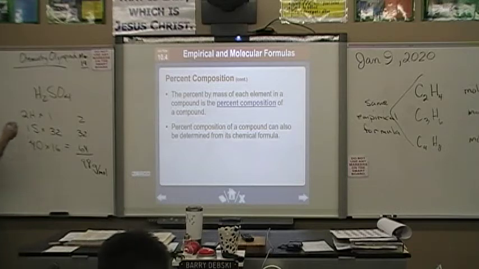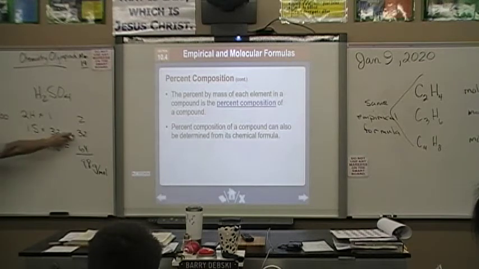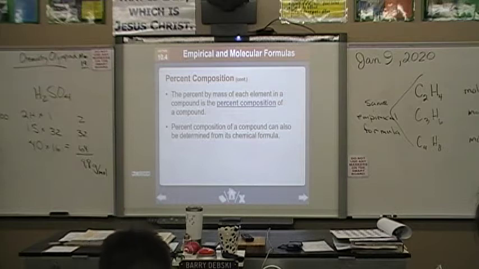So in this case, to calculate the percent hydrogen, we're going to take 2 divided by 98, and then in order to change it from a decimal to a percent, we multiply by 100. 32 divided by 98 times 100, and 64 divided by 98 times 100. Once I calculate these 3 percentages, I'll get roughly 2%, roughly 33%, and roughly 65%.